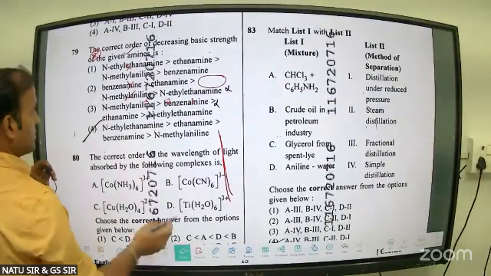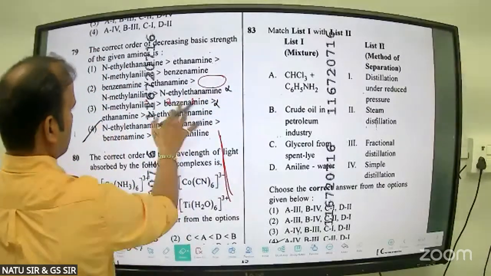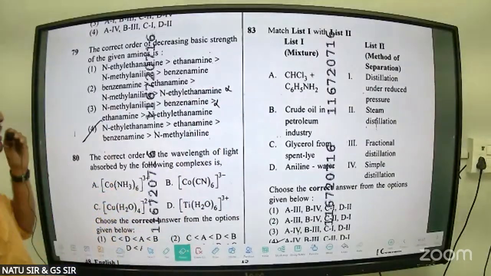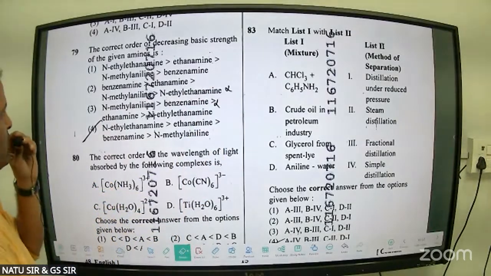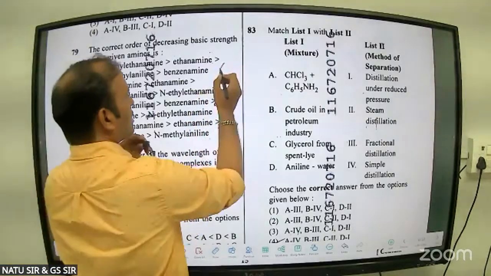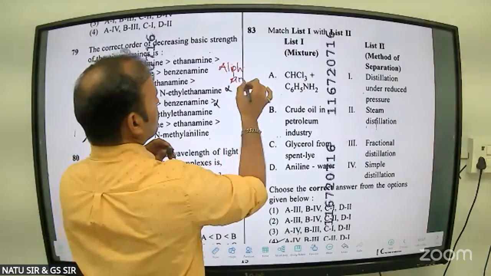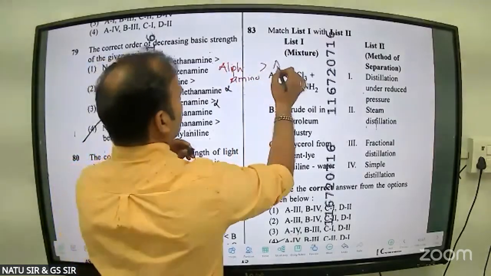The correct order of decreasing basic strength of the given amines. See, basic strength में हमने पढ़ा हुआ पहले बार में aliphatic amines जो होते हैं, they are more basic. Aliphatic amines जो होते हैं, they are more basic than aromatic.